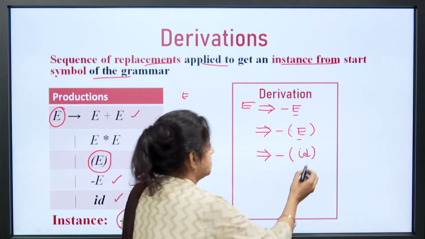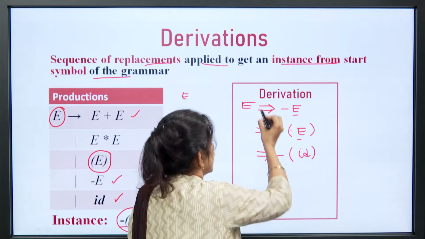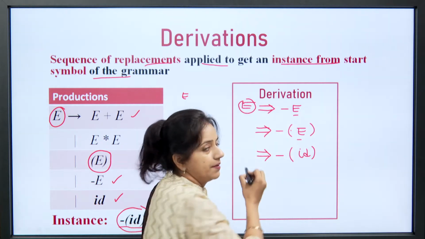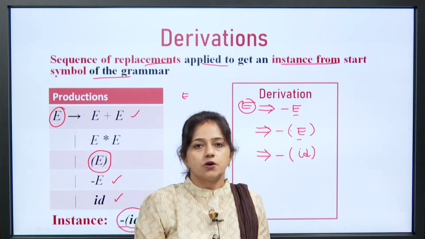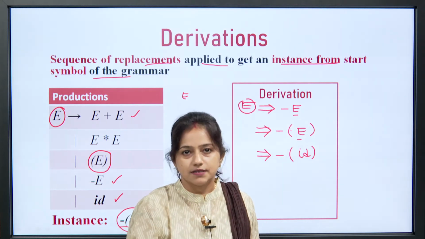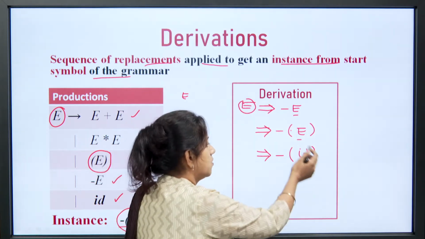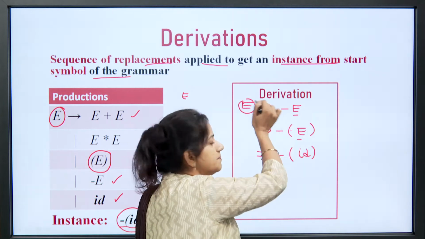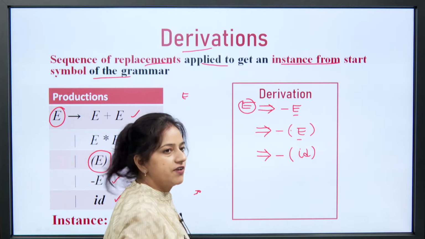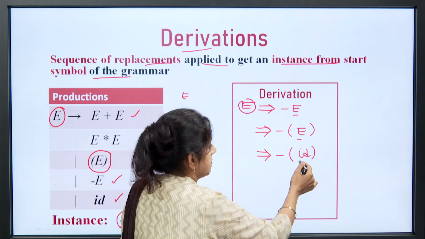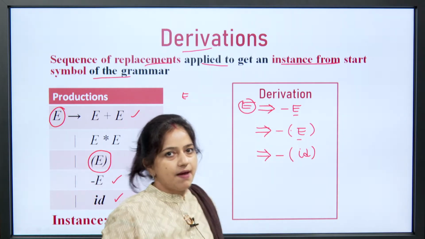So, to get a particular instance, we started from the start symbol of the grammar, and then applied a certain sequence of replacements. This sequence of replacements that we apply to get a particular instance from the start symbol of the grammar is known as derivation. So, this is the derivation of minus opening parenthesis ID and closing parenthesis.